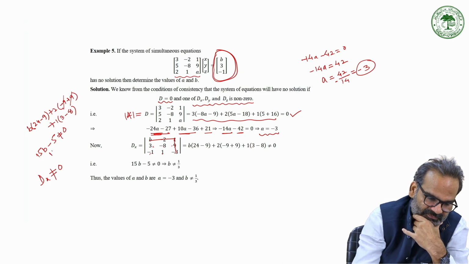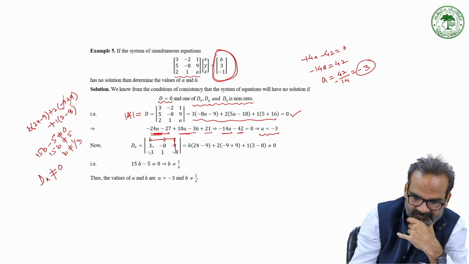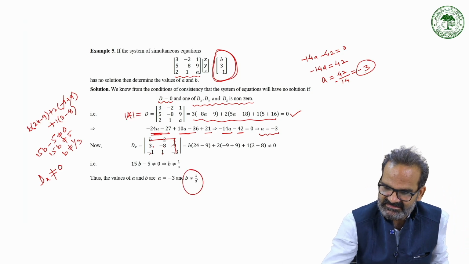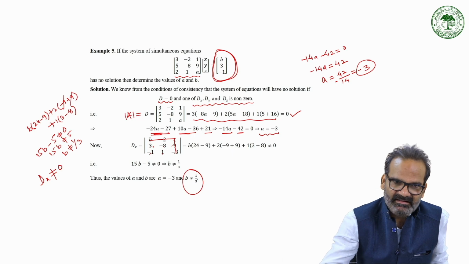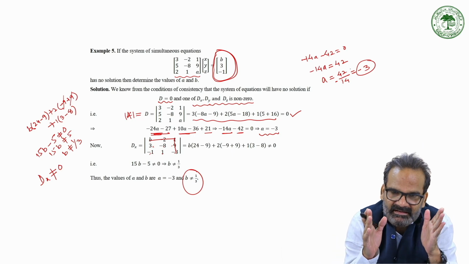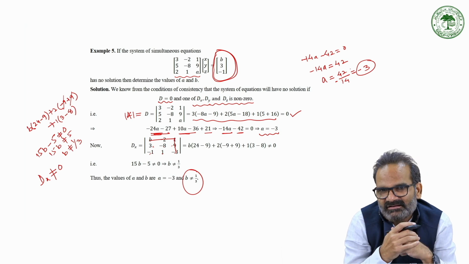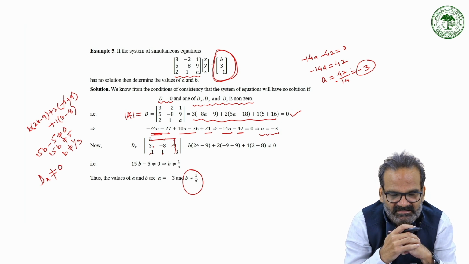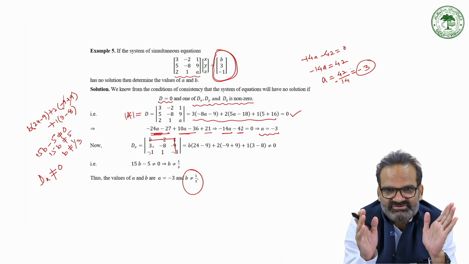So 15b must not be equal to 5 and b must not be equal to 1 upon 3, right? So what we conclude from here: if a is equal to minus 3 and b is not equal to 1 upon 3, then this system Ax equals b will be inconsistent, meaning it will have no solution, right?